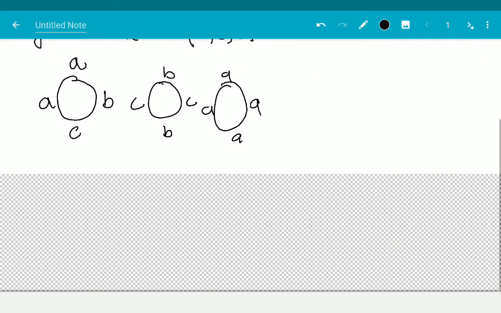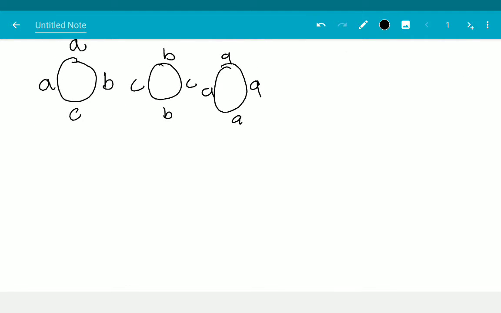And why are they of three different kinds? Well, let us look at the period of these examples. What is the period? How many times do I need to turn it to get it to look exactly the same? If I turn it once, I get A, B, C, right?